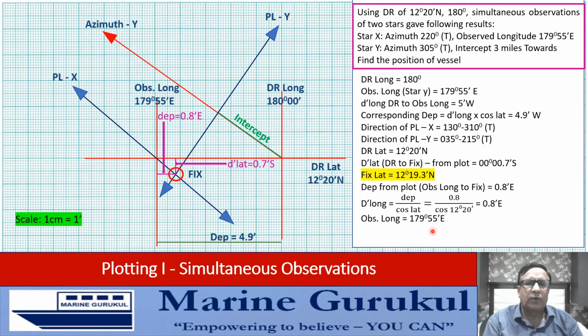Observed longitude being 179 degrees 55 minutes east, the longitude of the fix is then 179 degrees 55.8 minutes east, and hence the coordinates of the fix are 12 degrees 19.3 minutes north, 179 degrees 55.8 minutes east.